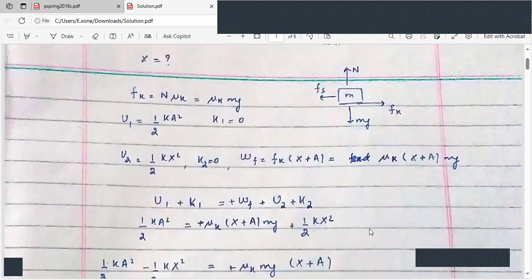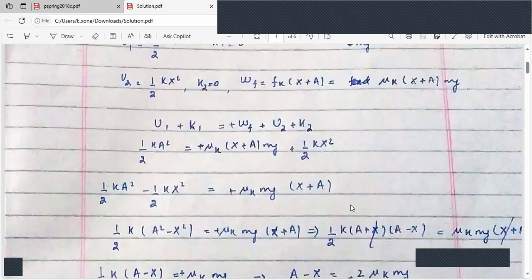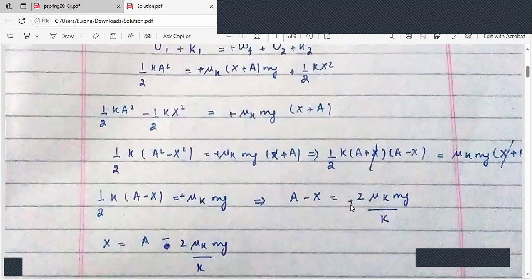Again using conservation of energy, first we put in the values of the potential energy and the work done by friction, and then the potential energy at the point that we want to find. Going through algebra, we can easily find that value.